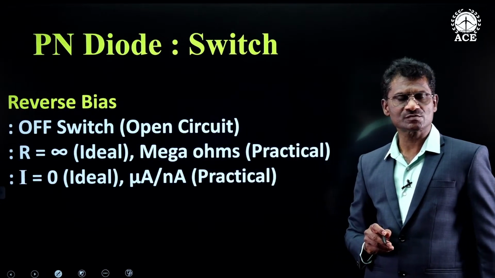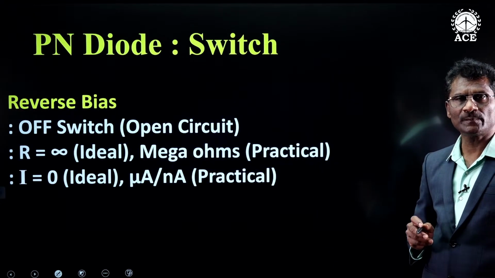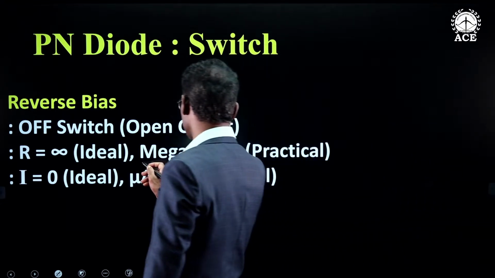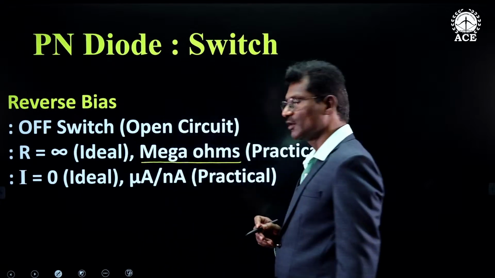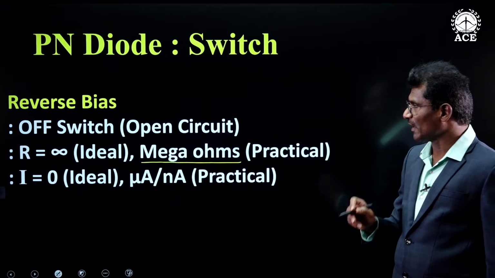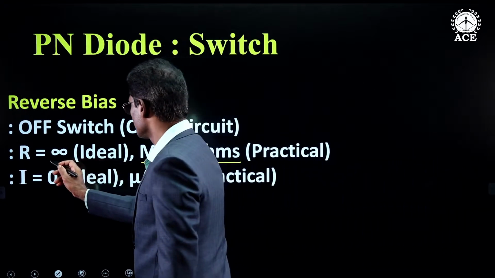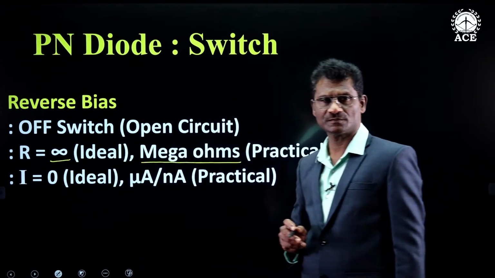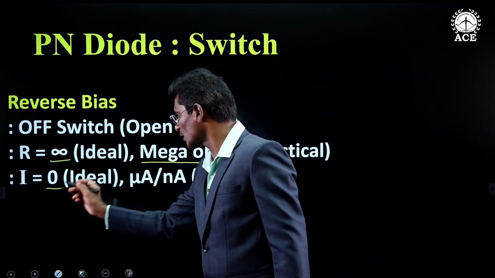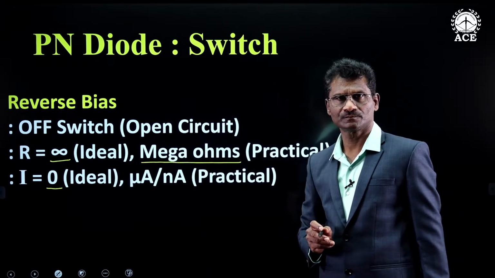Now, in a reverse bias diode, width of depletion region is high, and hence resistance is large, mega ohms. Mega means 10 power 6. And ideally it is infinity. If resistance is infinity for ideal case, then current should be 0.